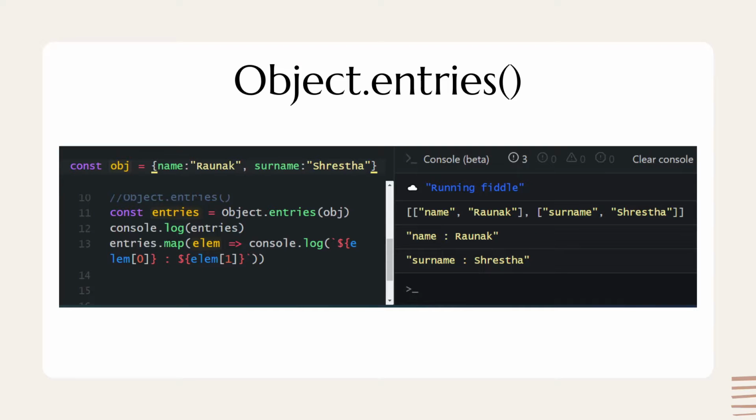Now the final method and the most preferable and important method we have is Object.entries. When we pass the object as an argument inside this static method, it returns a hash map, and we can also see it in the console.